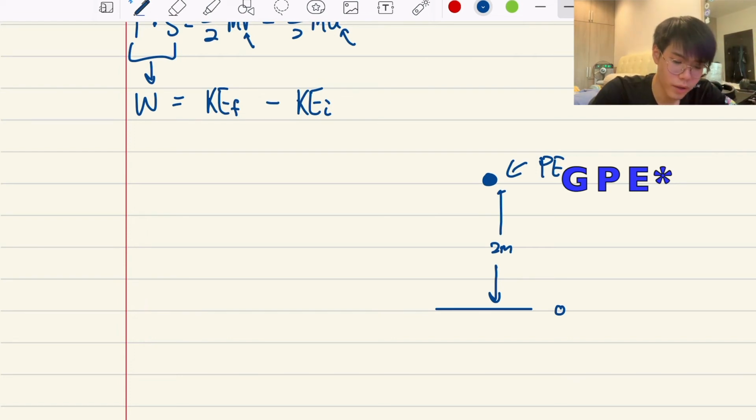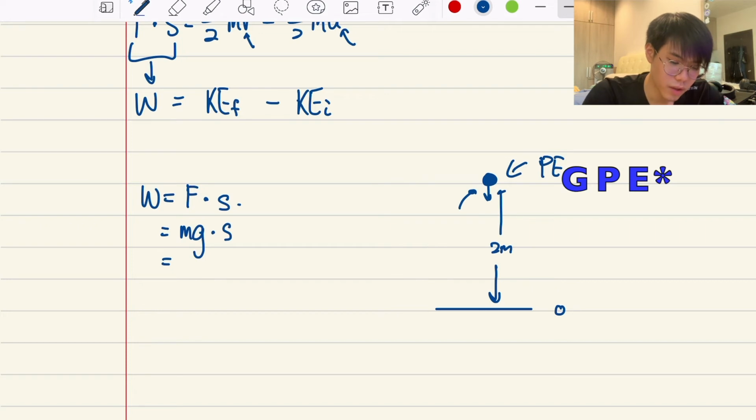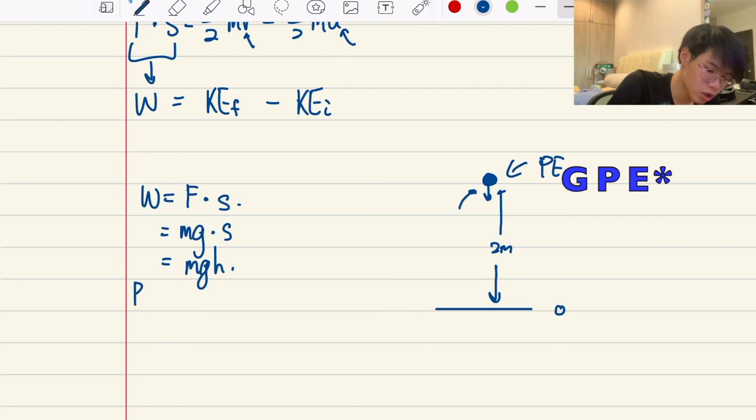If you want to find the work done on this ball with the height of 2 meters, we can use W equals F times S, and the only force exerted on the ball is gravity, which is the weight. So F equals mg times S, and here the displacement is the height of the ball from the origin, so we can take it as h. So the potential energy, or gravitational potential energy, will be equal to mgh.